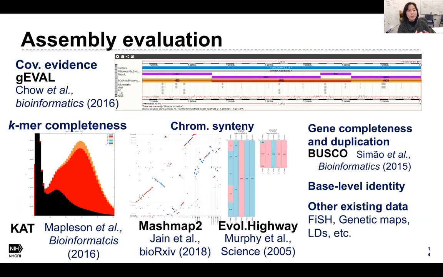Here we measure how many genes we captured, how many are complete, how many are fragmented, how many are duplicated. We also measure the base-level identity by aligning back the 10x reads and calling the variations. And if other data are available, we do FISH or genetic maps or linkage disequilibrium based analysis for further scaffolding correction.